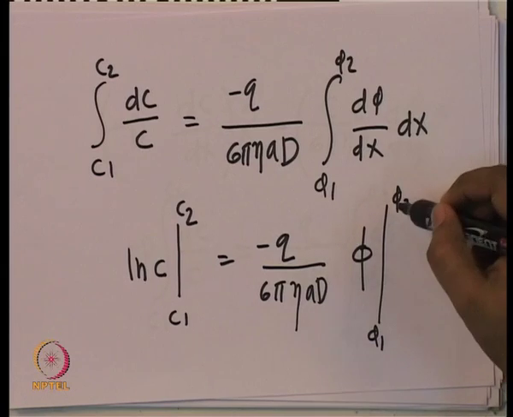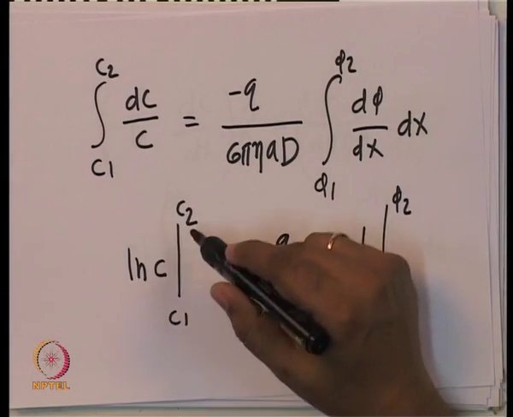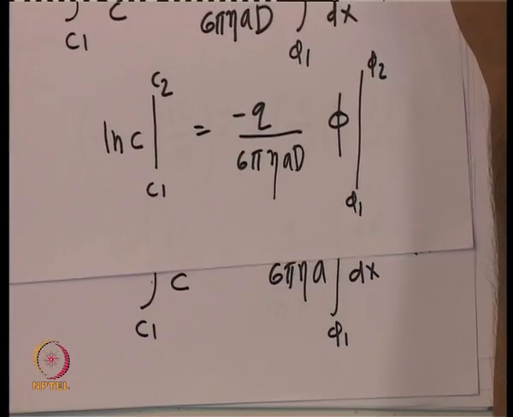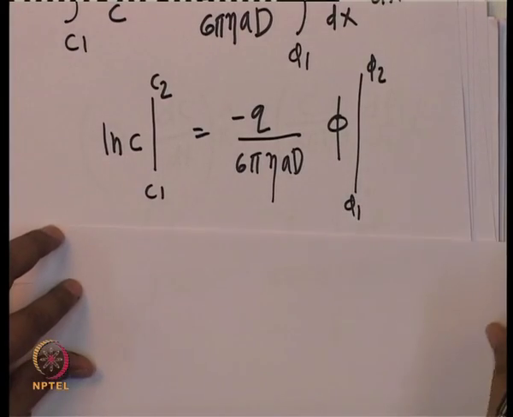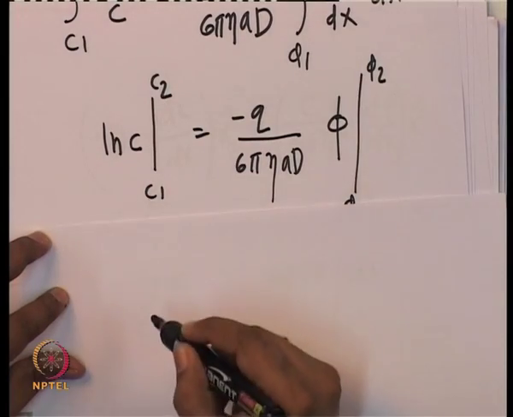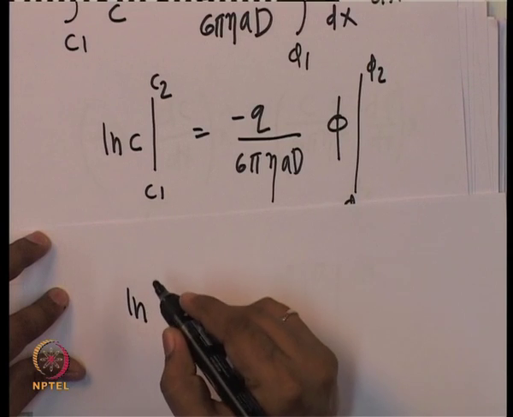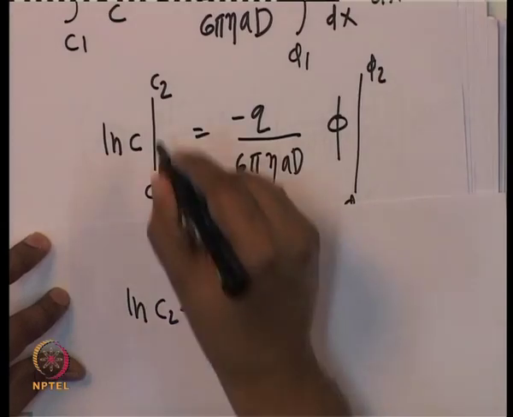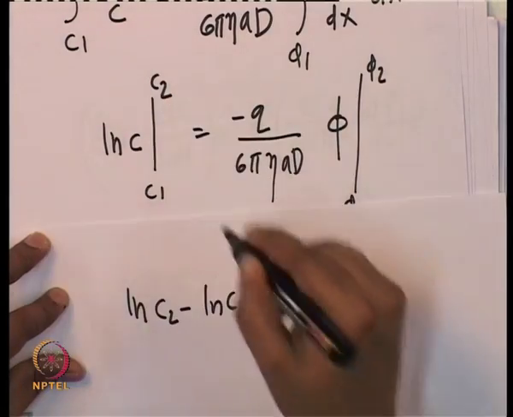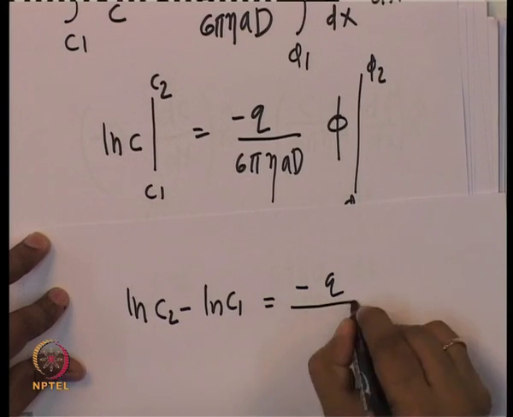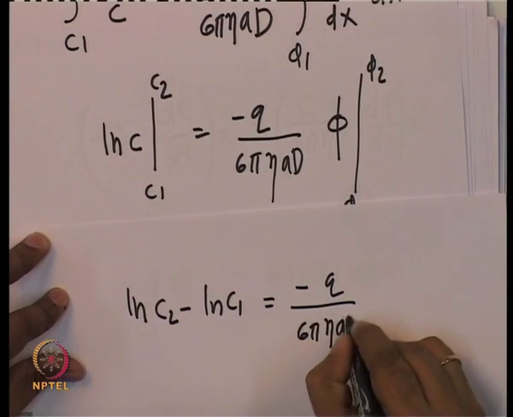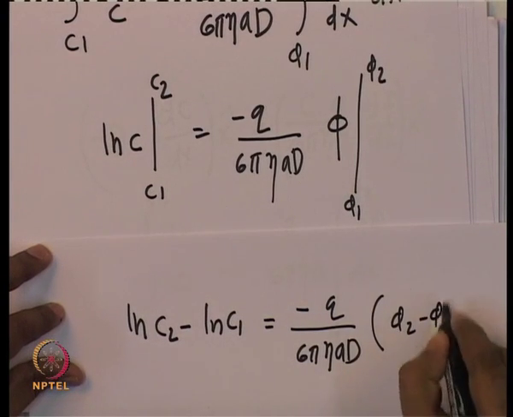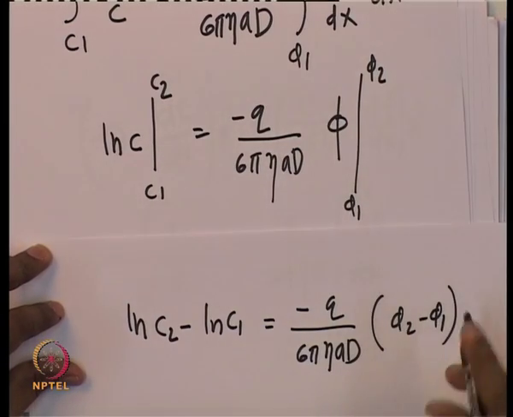So, you have phi in the limits phi 1 to phi 2 and log in the limits c 1 to c 2. If you apply these limits, on the left hand side you get ln c 2 minus ln c 1, and on the right hand side minus q 6 pi eta a d phi 2 minus phi 1.